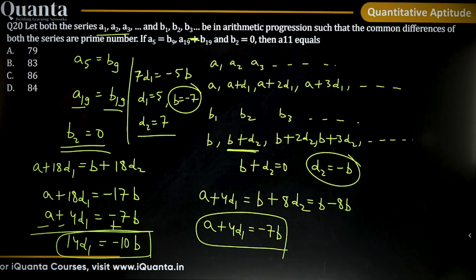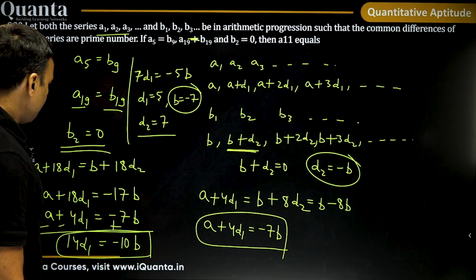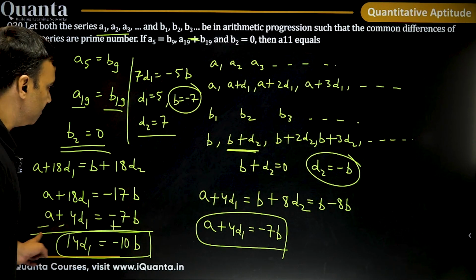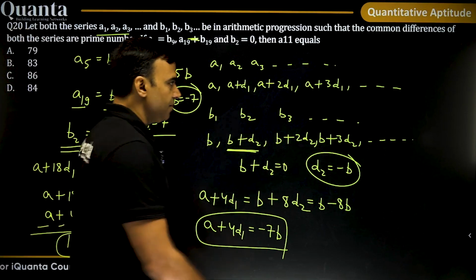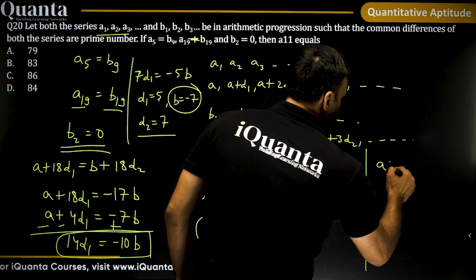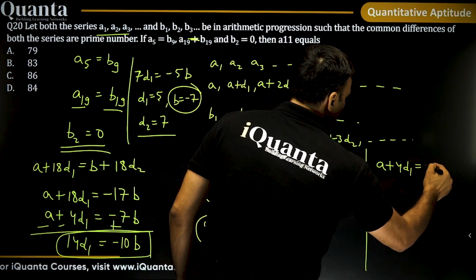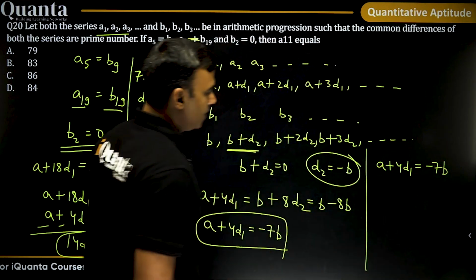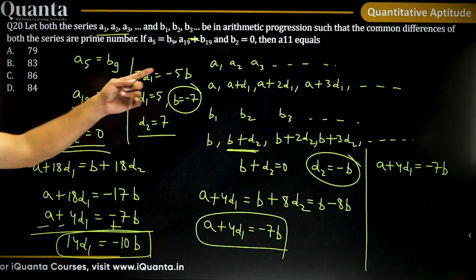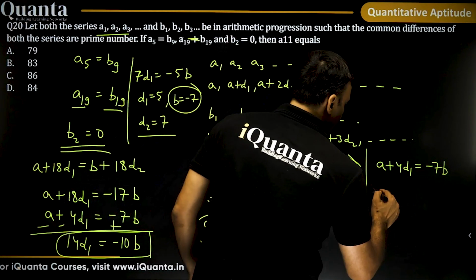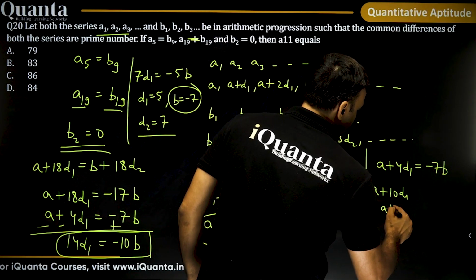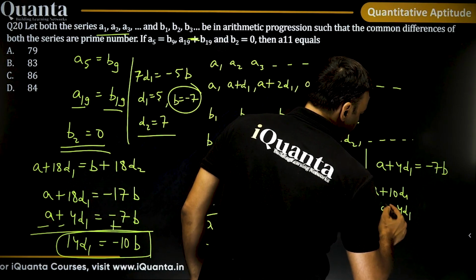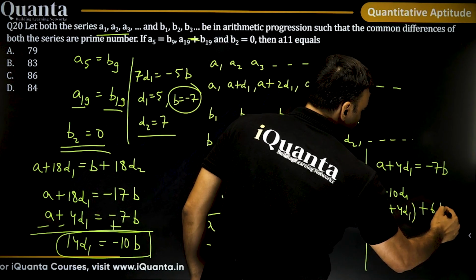Okay, now it is very easy. You can use any one of them. I'll use this second one, A plus 4D1 equal to minus 7B. We need A11, that is 11th term. So 11th term will be A plus 10D1, and that is equal to A plus 4D1 plus 6D1.